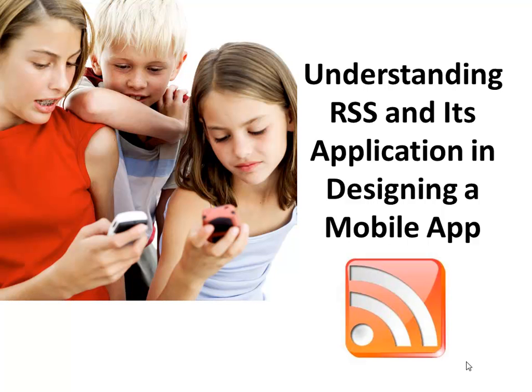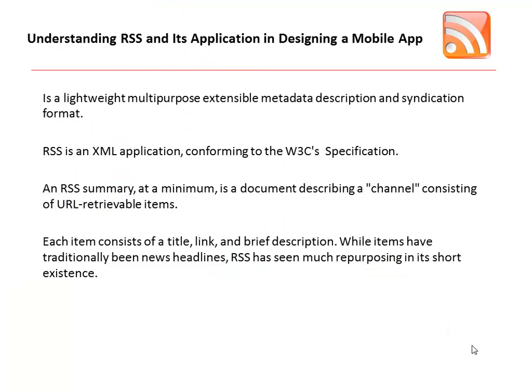Well, to get information and data into our mobile app, we're going to have to understand what RSS is. RSS is a lightweight, multi-purpose, extensible metadata description and syndication format. It's very similar to XML, or extensible markup language, in that it has a very precise structure in which data is presented.